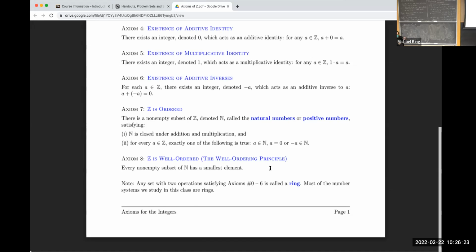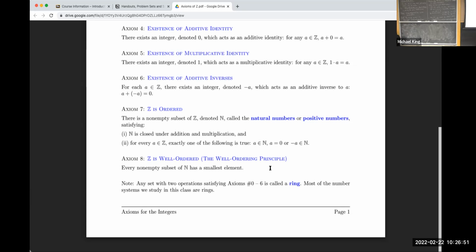Any set that satisfies these axioms basically has to be the integers. There's a way to make that precise. There's something called isomorphism of rings. So I mentioned a ring is anything that satisfies those first 0 through 6 axioms. You could prove that any ring that satisfies all those axioms is isomorphic to the integers, basically meaning structurally equivalent to the integers. But it's kind of weird, this is kind of a strange axiom, right?